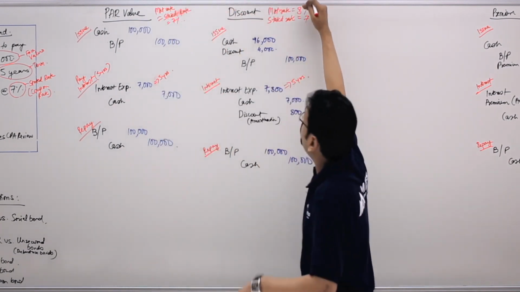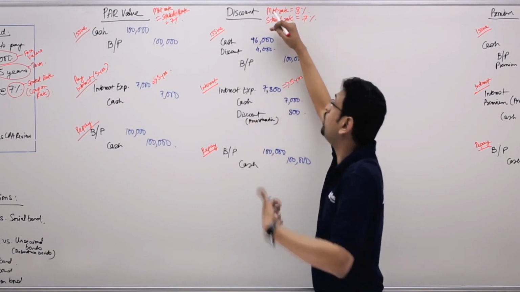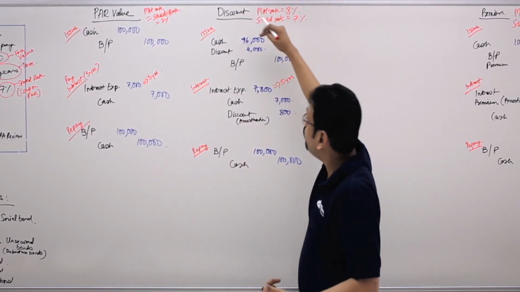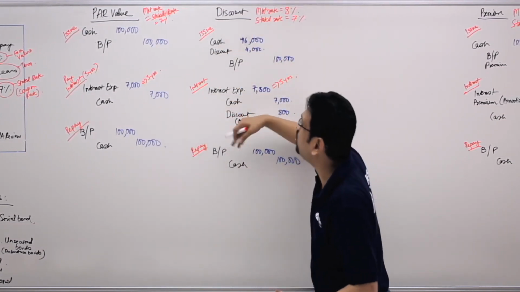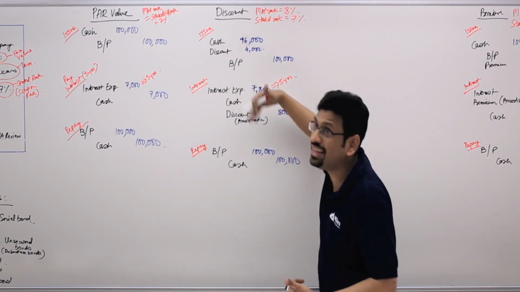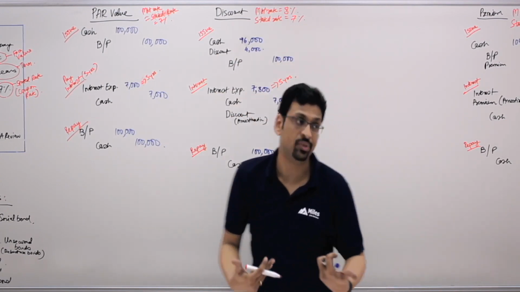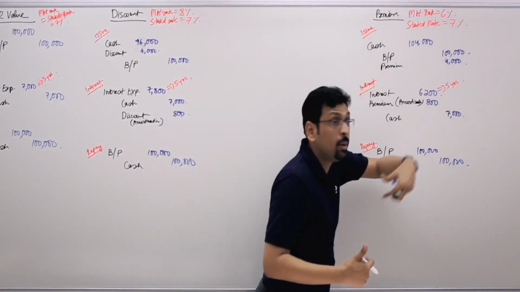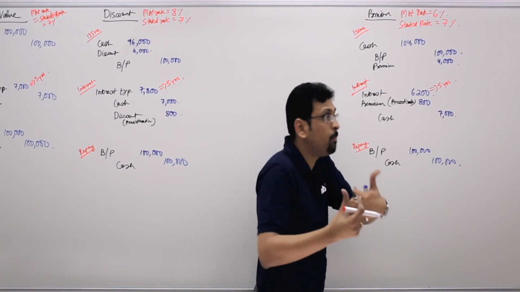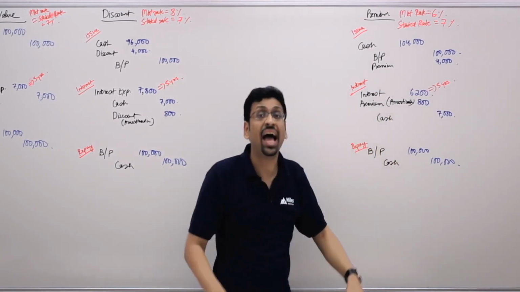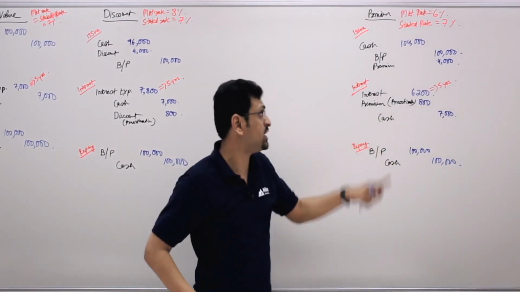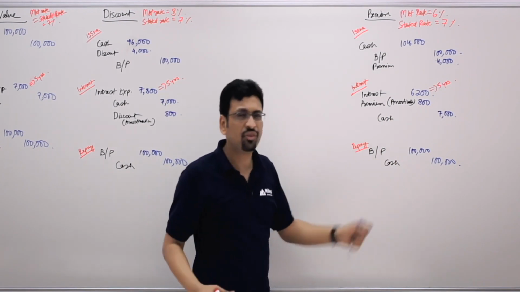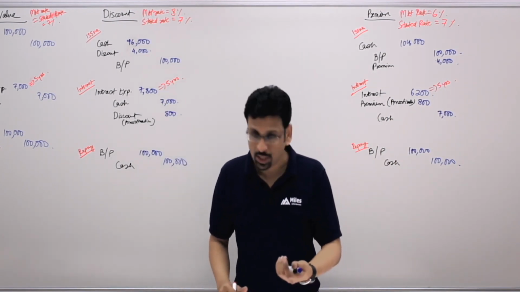Now here, market was offering more than our bond, so we had to give a discount. We amortized the discount. The discount amortization led to an increase in our interest expense over the next 5 years. Now here, when the market was offering less than what a bond was offering, we got a premium for a bond. And that premium amortization actually reduced our interest expense over the next 5 years. After 5 years, we give back the face value on the bond.